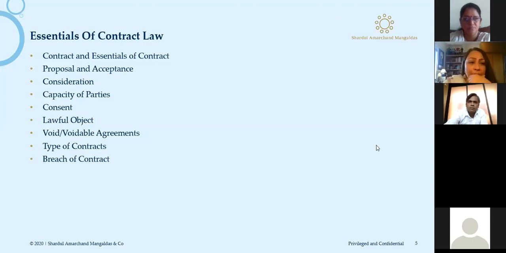So to begin with, when we are looking at contracts, we need to first understand the essentials of a contract. Under the Contract Act of 1872, for any understanding to be legally enforceable, it has certain essentials that we need to take care of.